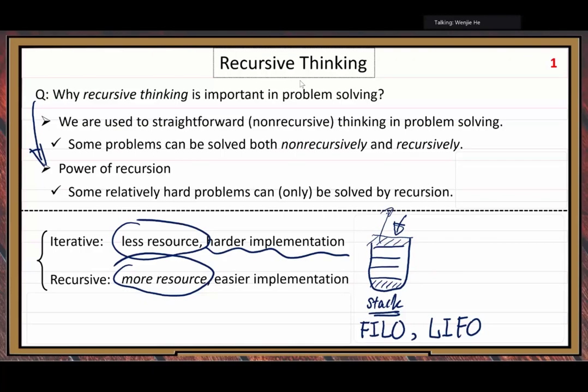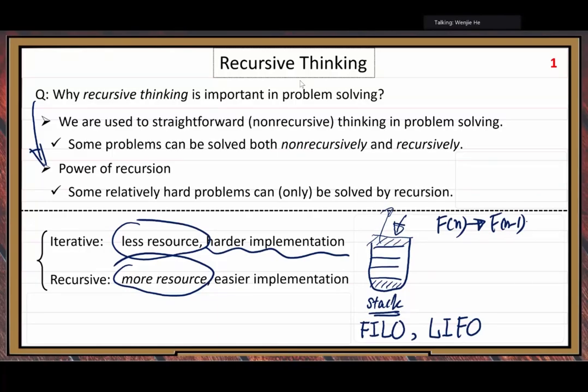Now, let me show you a simple example. Suppose we need to calculate a recursive function f of n. Based on how recursion works, when we calculate f of n, we need to use the f of n minus 1 value.